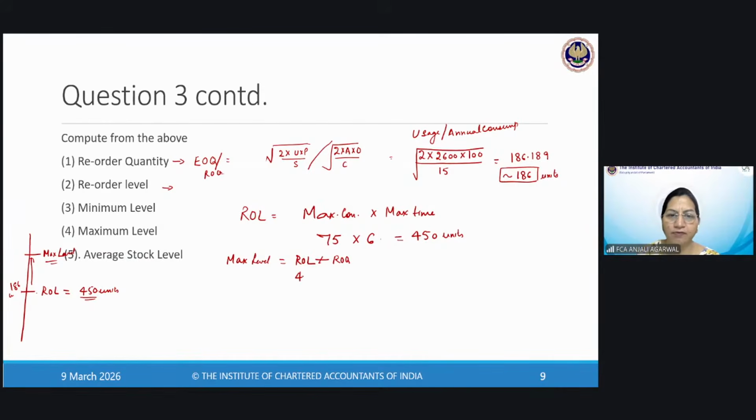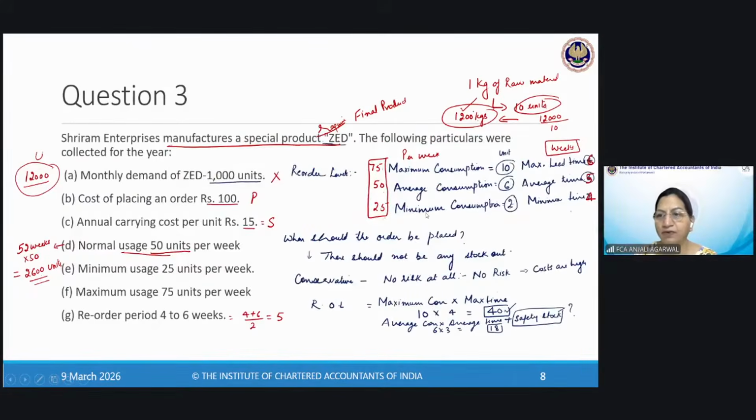So when you had 450 units, you ordered another 186 units. So this is the maximum level you will reach. That too, if you will not consume absolutely anything, but you are going to consume something, at least a minimum of how many units? 25.